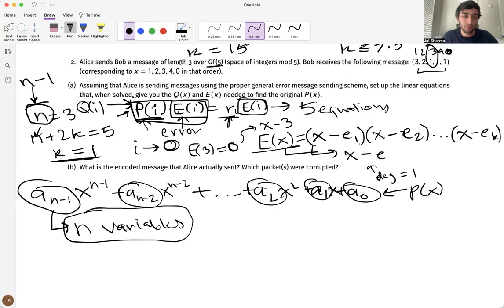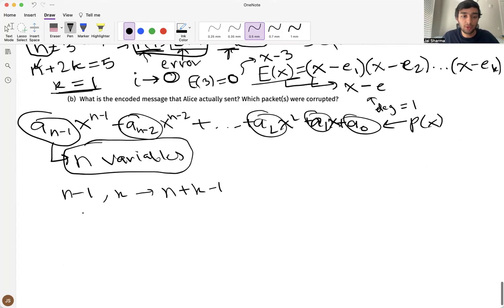And in an n minus 1 degree polynomial, right? If we were to multiply this by, so we have an n minus 1 degree polynomial, we have a k degree polynomial, right? And if you multiply them out, an n minus 1 degree polynomial and a k degree polynomial, the resulting degree is just adding those two, n plus k minus 1.